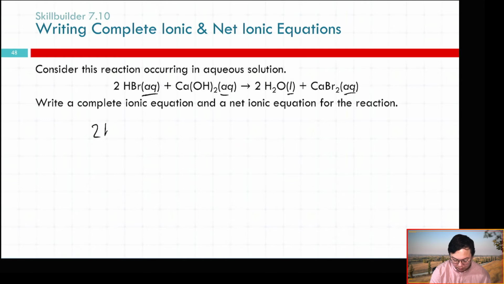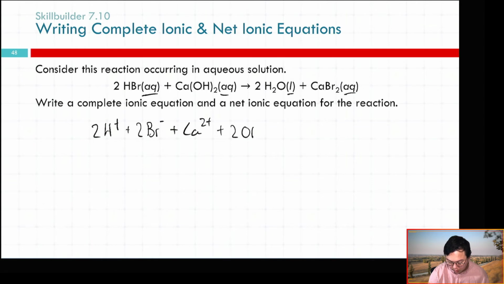So we have 2H plus, Br minus, and this is already balanced, so we don't really need to leave spaces for coefficients. We have calcium 2 plus, 2Br, sorry, 2Br minus. Yep, thank you.